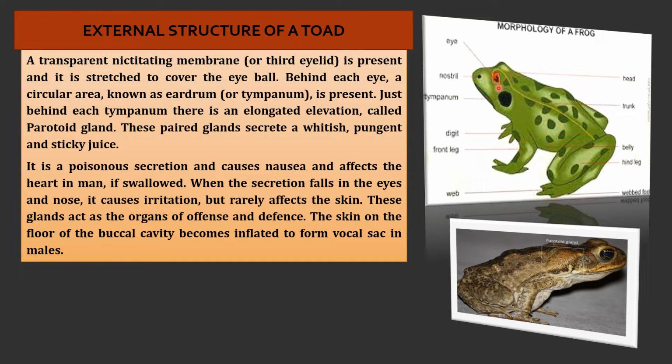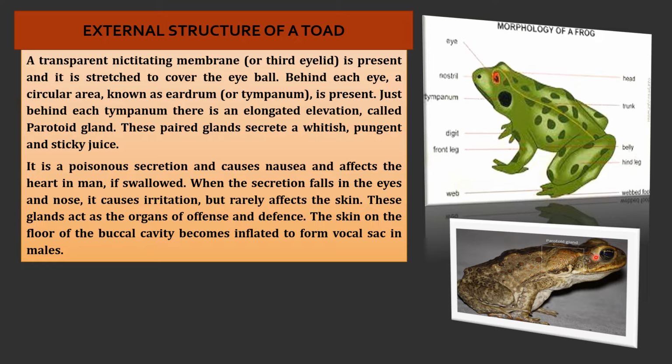Now, the next one. Just behind each tympanum, there is an elongated elevation called the parotid gland. So, behind the eye, there is the tympanum. And behind the tympanum, there is the parotid gland. You please see the second diagram. Here, you can see this is the eye of a toad.